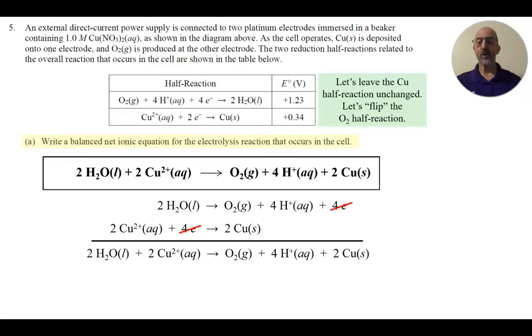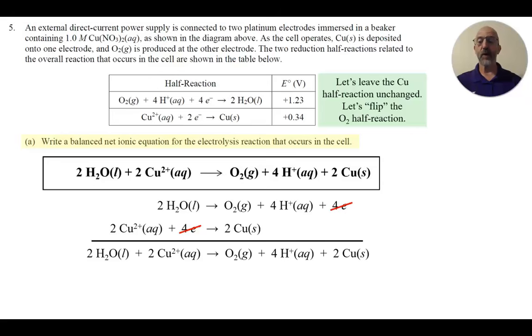We have 2 water plus 2 aqueous copper ions. And on the right side of the equation, we have oxygen gas, O2. We have 4 H plus aqueous ions, and we have 2 solid copper. So there is a balanced net ionic equation for the electrolysis reaction that occurs in this cell.